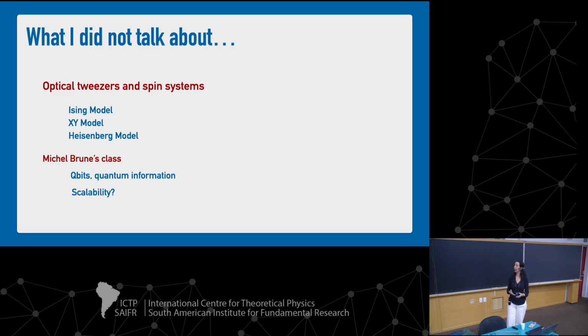There is a lot going on there, and qubits, quantum information, scalability, and I am not going to dare to talk about something I don't work with. But there is a lot happening, and it's in the intersection with things I am interested in, because frustration, magnetism, it's really close contact.